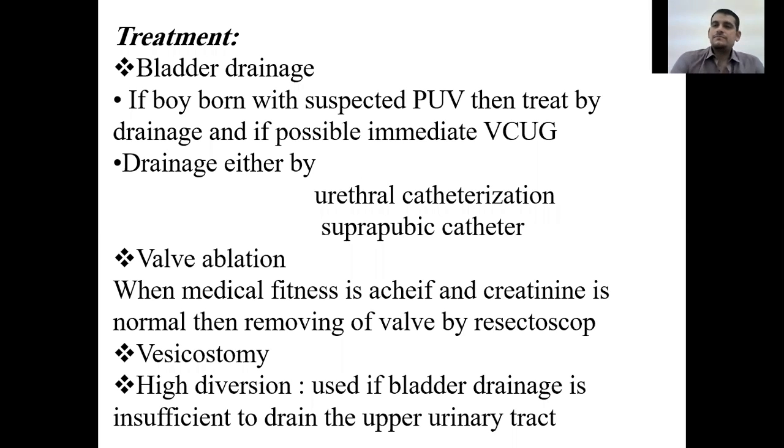Treatment now. The aim of treatment is bladder drainage and getting rid of the urine retention caused by the valve. If a boy is born with a suspected posterior valve, he is treated by drainage and, if possible, immediate VCUG. Drainage is either by urethral Foley catheter or by suprapubic drainage.